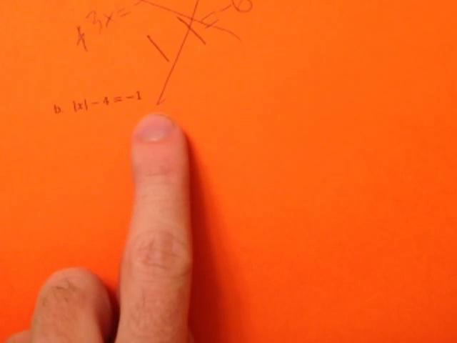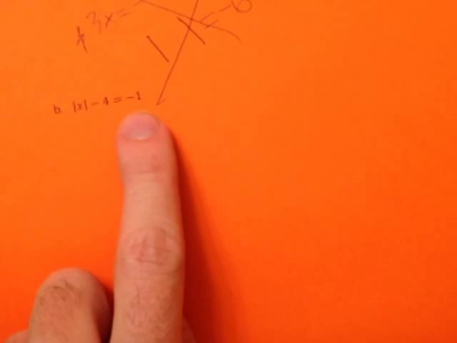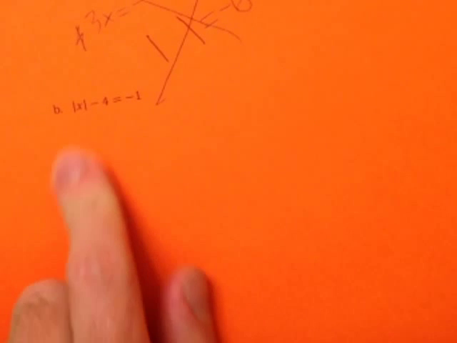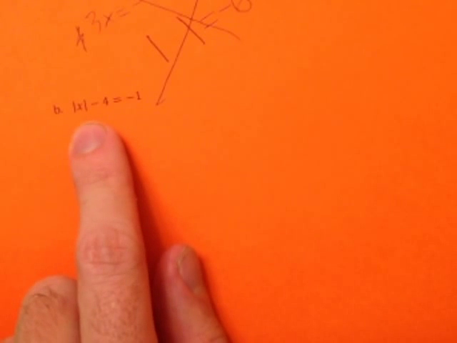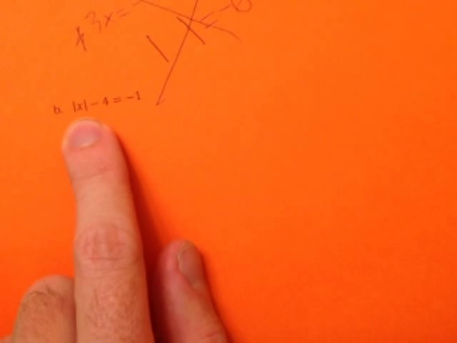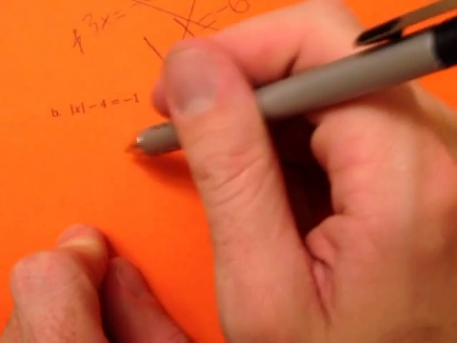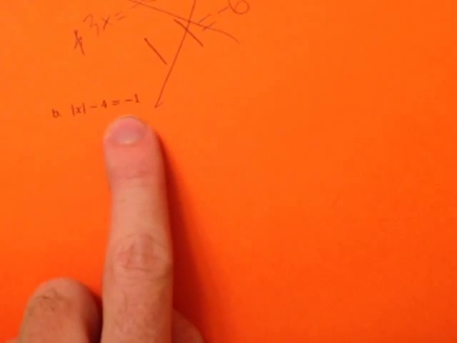The trick with B is that we can't just immediately set it equal to 1 and negative 1, and we can't eliminate it right away either. We don't have an absolute value by itself. If you think about this, this really means something minus 4 is negative 1.